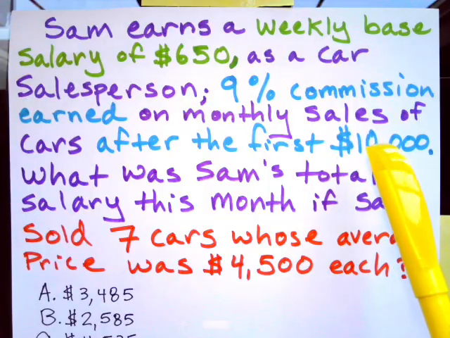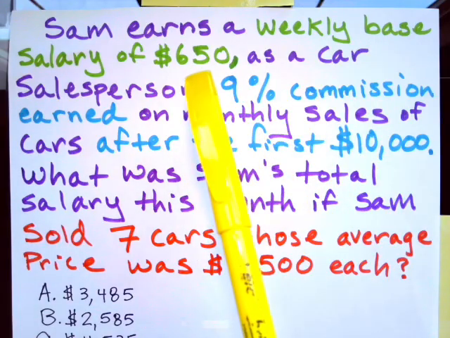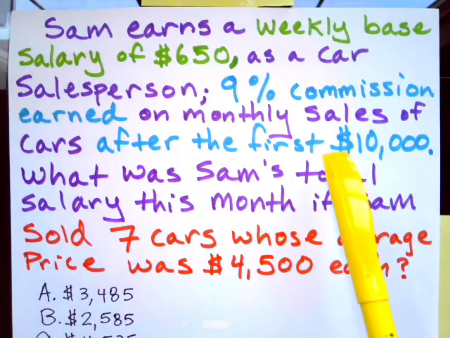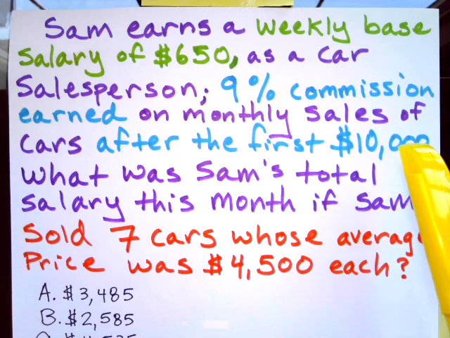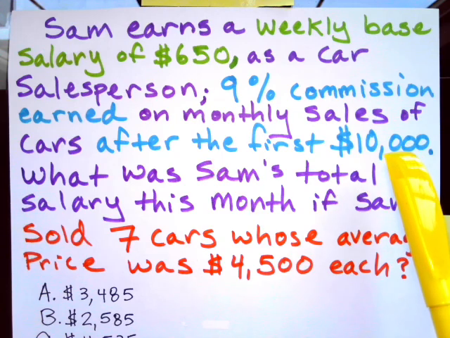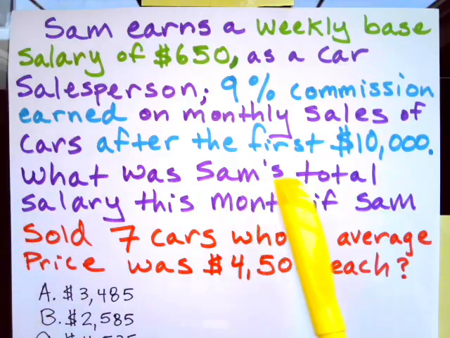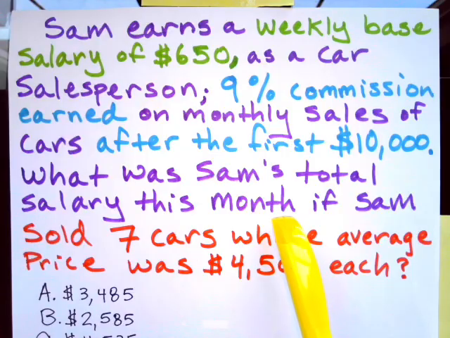So it seems to me Sam's going to earn just a base salary of $650 per week for a month's salary if Sam doesn't sell at least a minimum of $10,000 in vehicle sales. Something to consider.